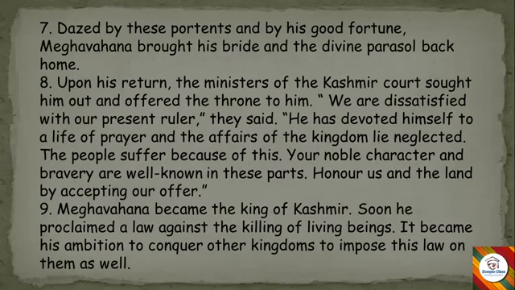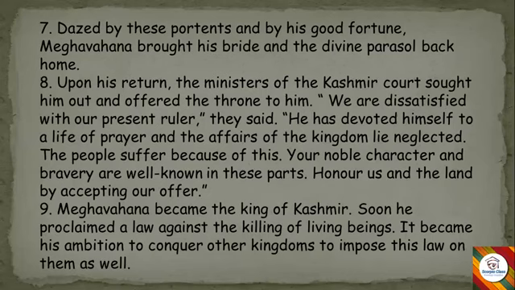So here, as soon as Meghavana reached his home, that is Kashmir, his ministers offered him the throne also, because they said that they were not satisfied with the present ruler. He is not ruling properly because he is too much indulged in prayer, and he is not looking at the affairs of the kingdom, and because of that it is neglected and everything is going haphazardly.